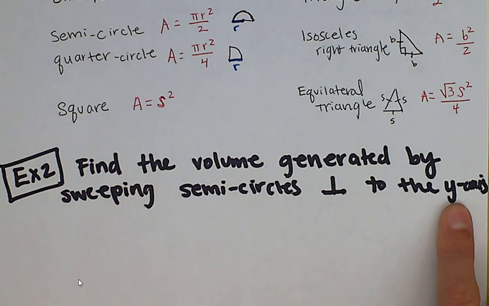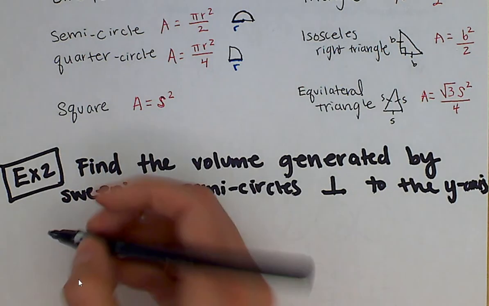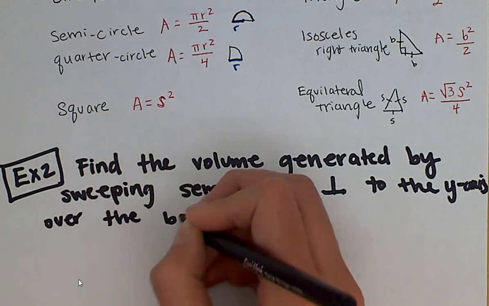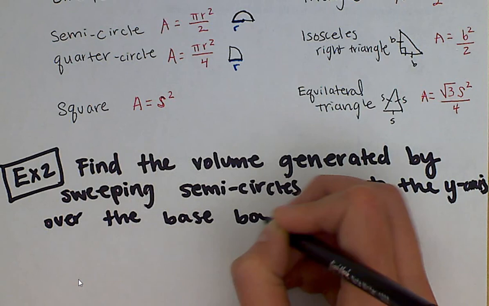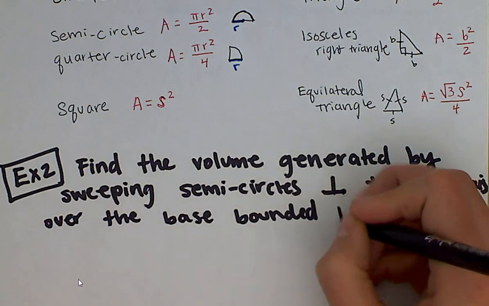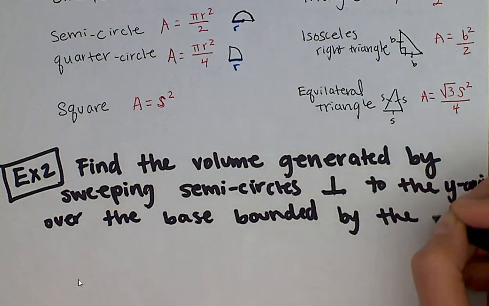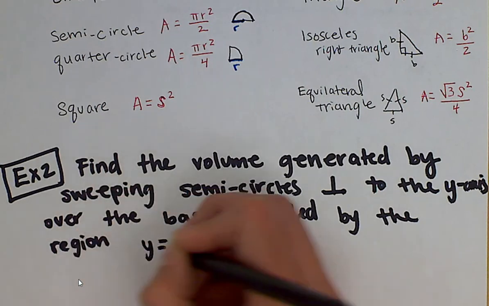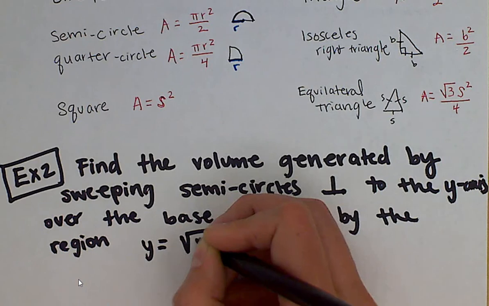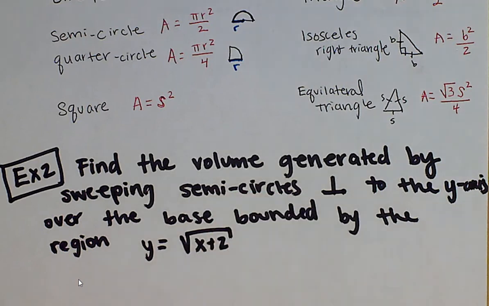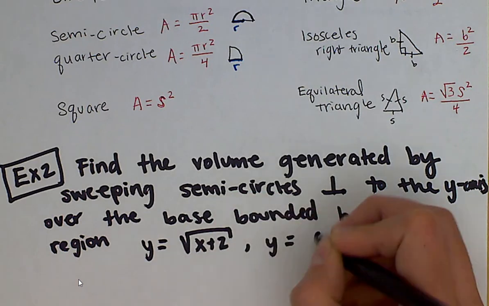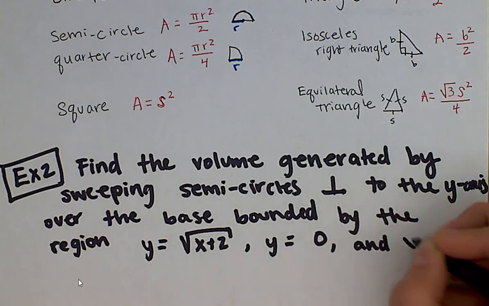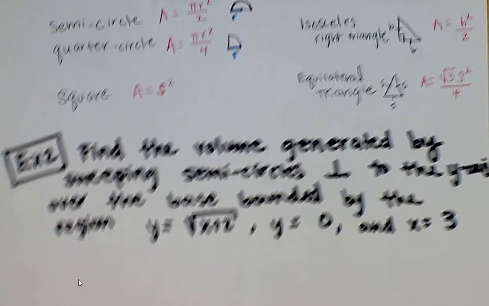Y-axis, my bad. Over the base bounded by the region y equals square root of x plus 2, y equals 0, and x equals 3. There's your problem.